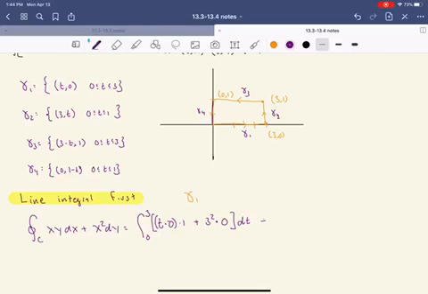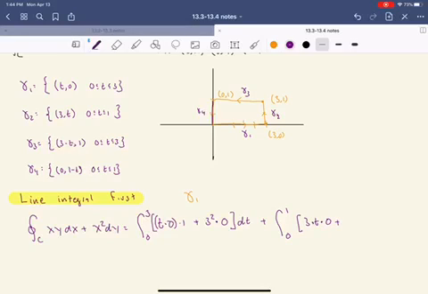Plus, let's do the integral for gamma 2, from 0 to 1. x times y is 3 times t, but the dx is going to have a 0 in it, so that's going to be 0.